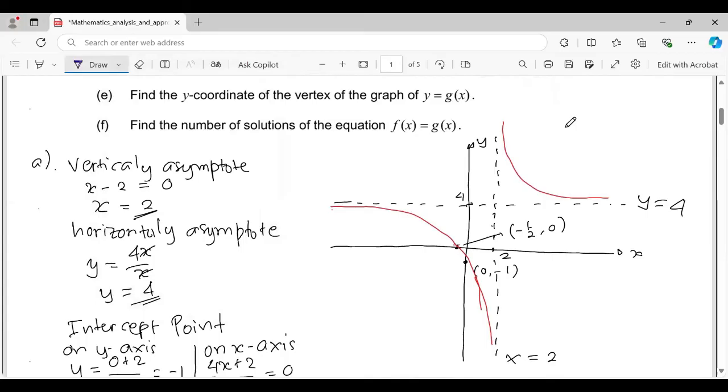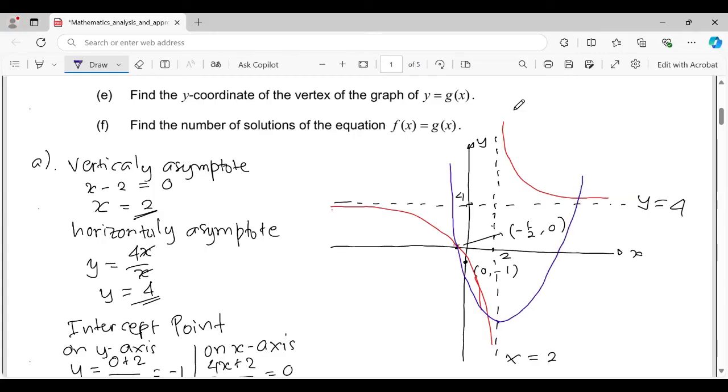If you sketch gx, it will be like this, through minus half comma 0, and it will become like this.